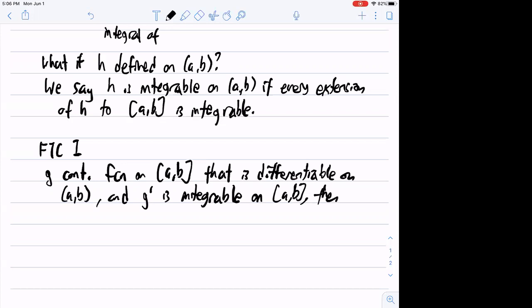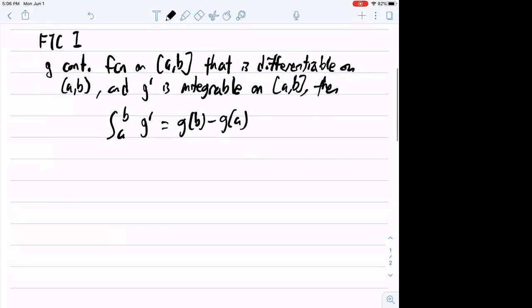Then the integral from a to b of g prime is g(b) minus g(a). Hopefully this is clear. You could think of integral as antiderivative, so if you antiderivative the derivative, you get something related to your original function.